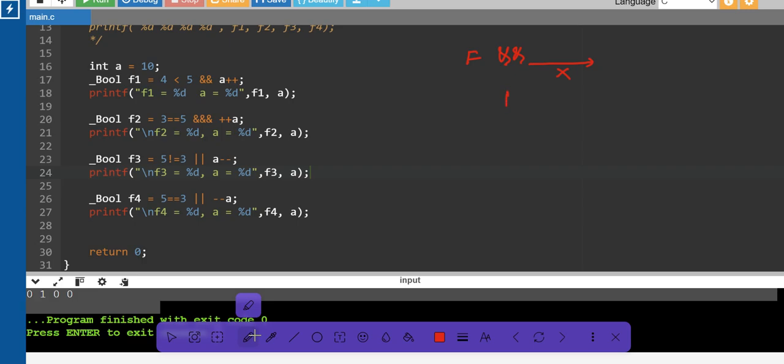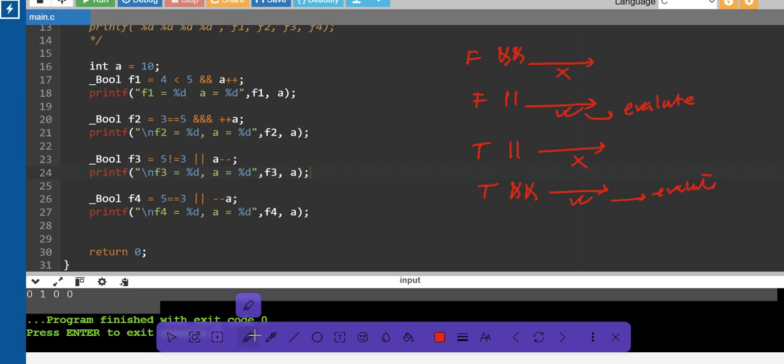Logical OR, if it is false, it will evaluate. If it is true, logical OR will not consider the second. Fine. And true, logical AND will evaluate.